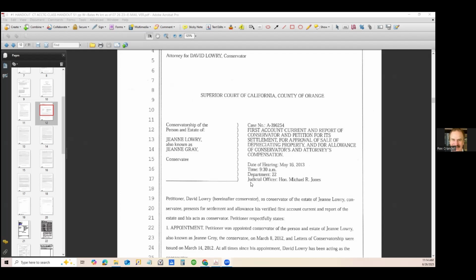It's not required. It is not needed. Also consider that if I put Michael R. Jones and you get to court that day and you have a pro tem or somebody else hearing the case, then they have to cross this out and put their name, things of that nature. I do not put that on there. It goes more on the order after the fact.